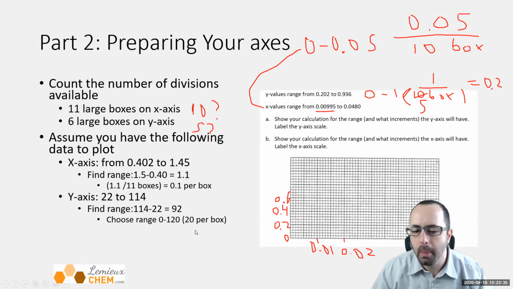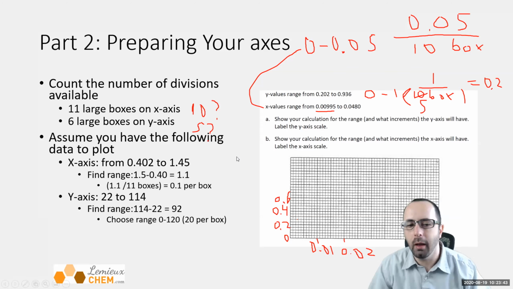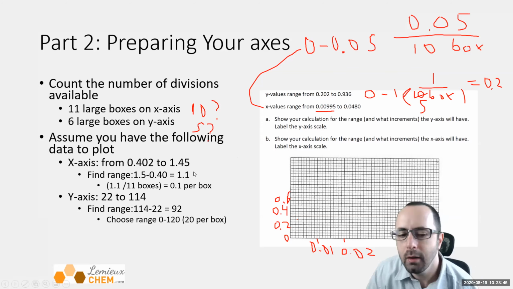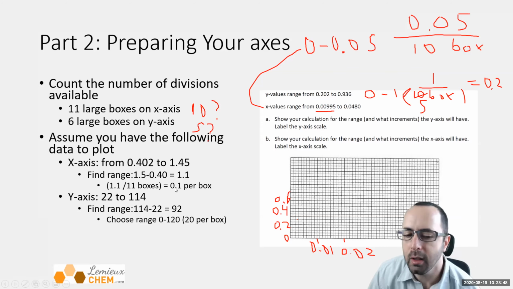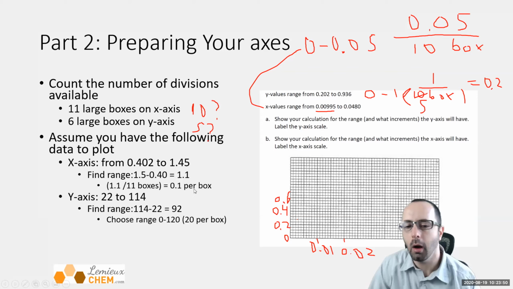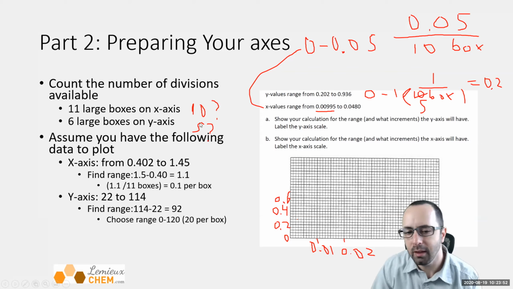So when we do this, our considerations are that we choose a range that we can easily divide into pieces, and we choose a number of pieces that's easy to divide by. Here, I could divide 1.1 by 11 pretty easily because I get 0.1 per box. But you can divide almost anything by 10 pretty easily, and a lot of things by 5.